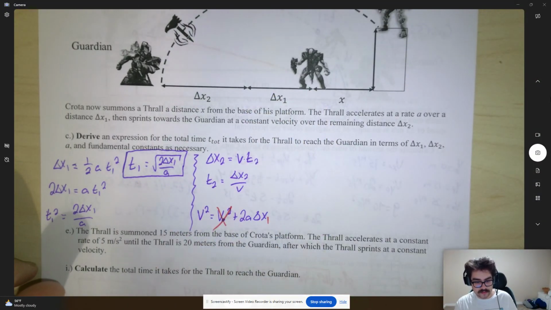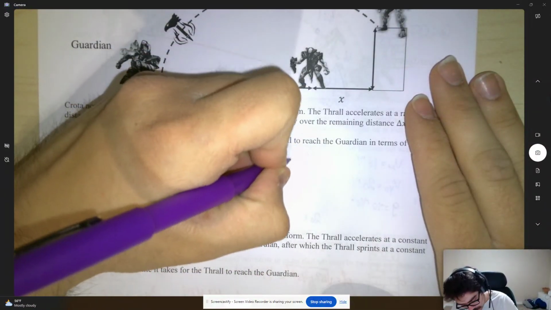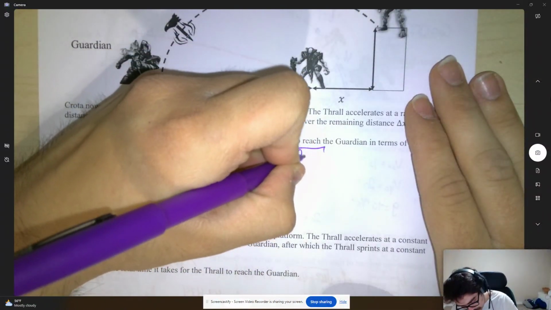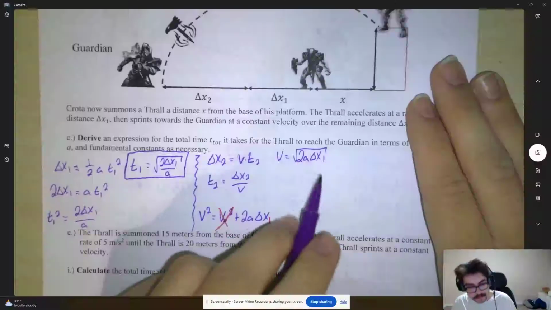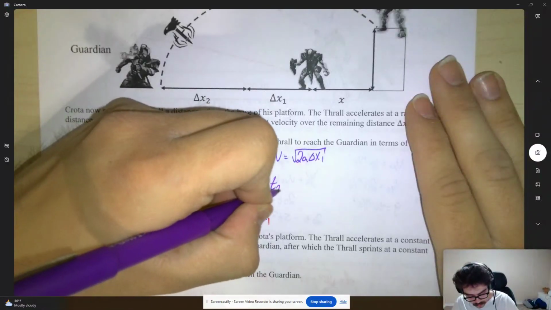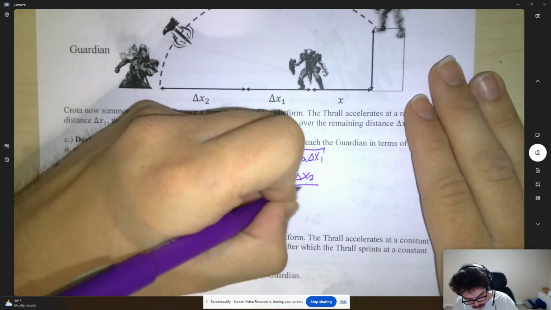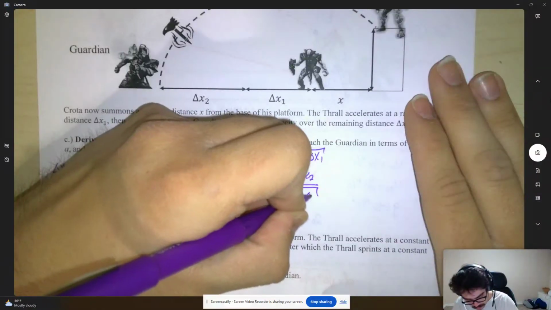Square root both sides, and you're left with v for this segment is equal to the square root of 2a delta x1. Then plug that back in, and I should get that t2 is equal to delta x2 over root 2a delta x1.